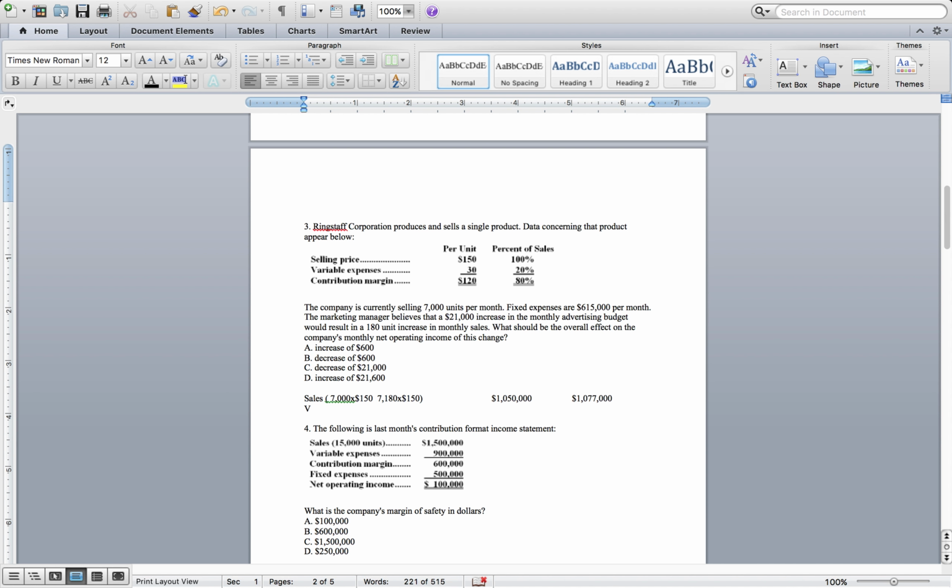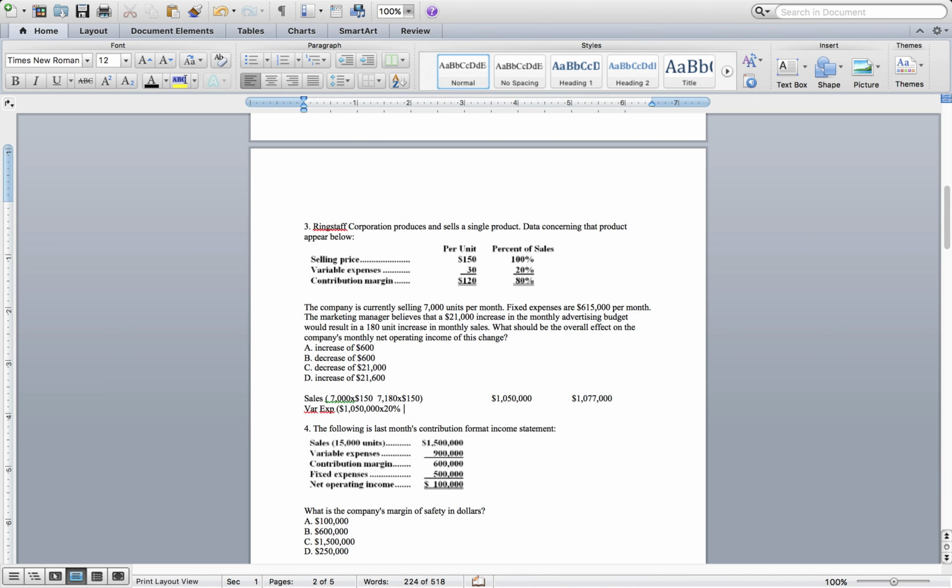Okay, next part will be our variable expenses. Remember, it says here, variable expenses are 20% of sales. So for the first one, you want to take the 1,050,000 times 20%.